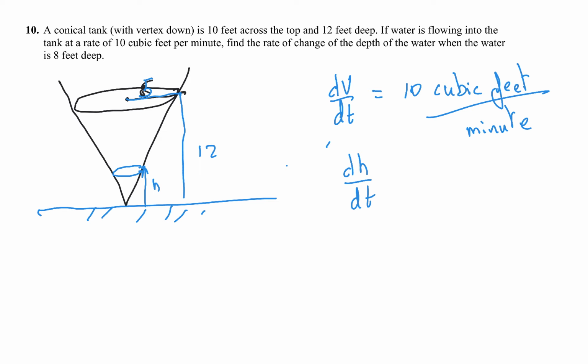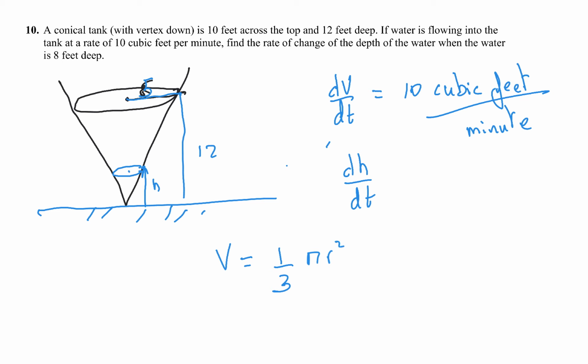First of all, we say the volume of a conical tank is 1/3 pi times the area of the base, pi r squared.